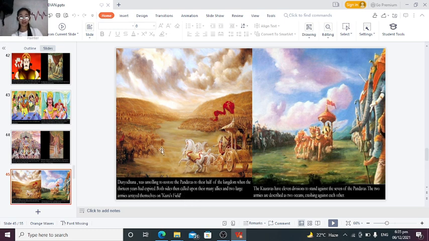So, the ones fighting here are Duryodhana's side against the Pandavas. The Kauravas have 11 divisions to stand against the 7 of the Pandavas. The two armies are described as two oceans crushing each other. So Duryodhana has the larger army.